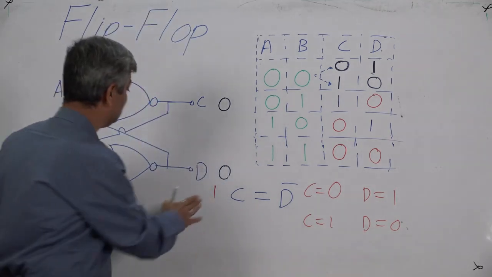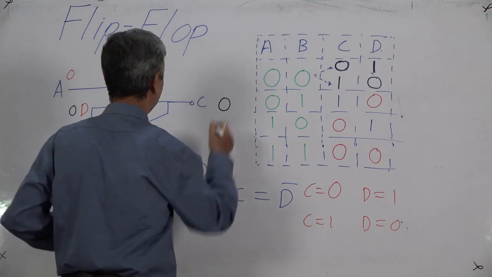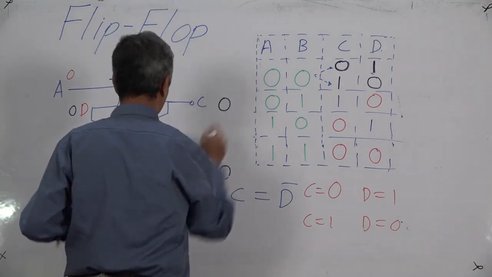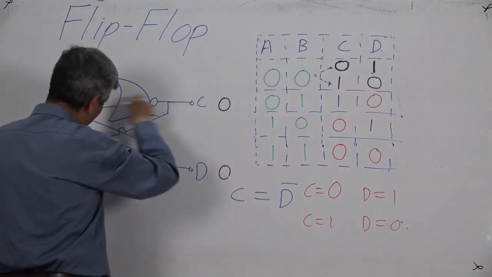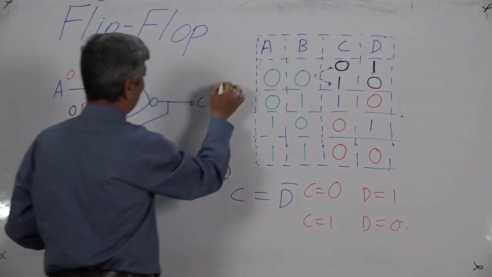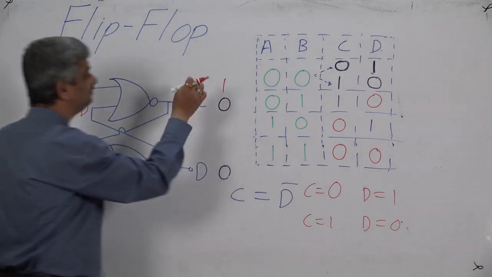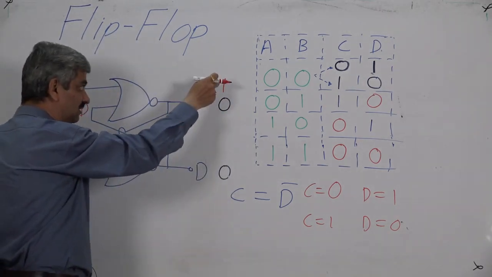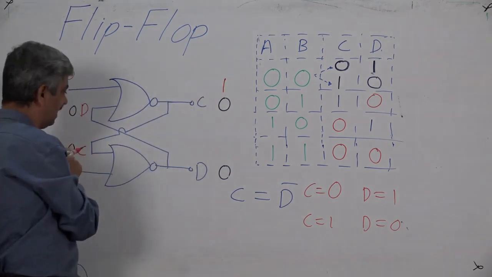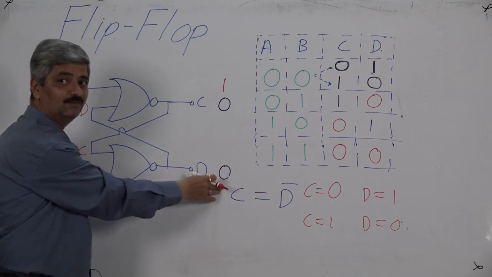If this gate is faster, what will happen? If this gate is faster, C will become 1, and when C becomes 1, this 1 will come here and D will remain 0.